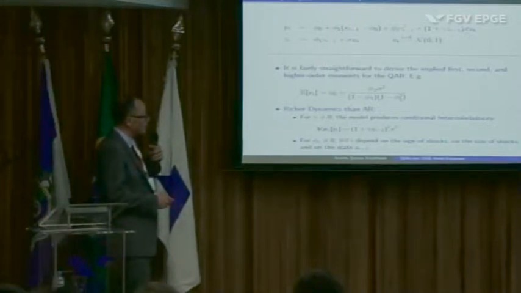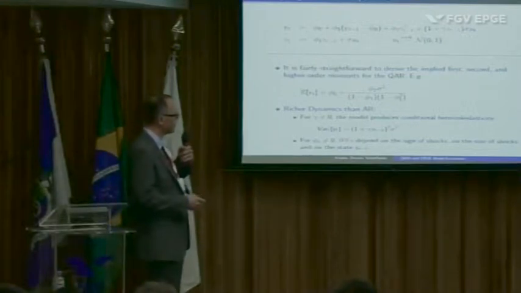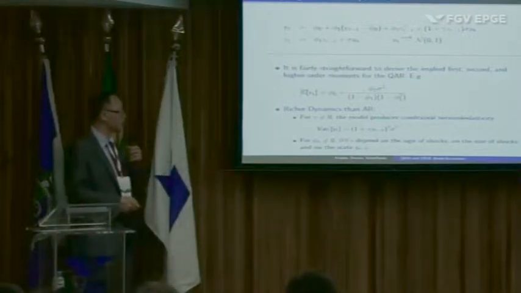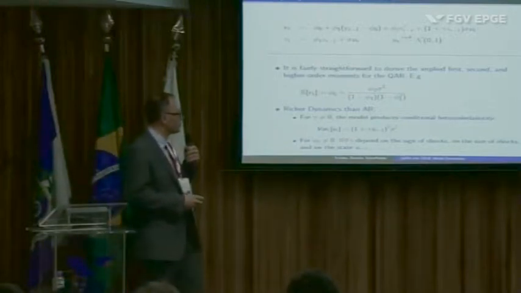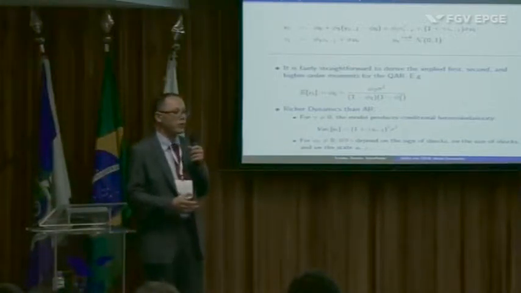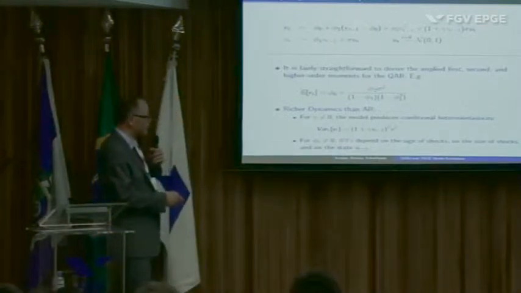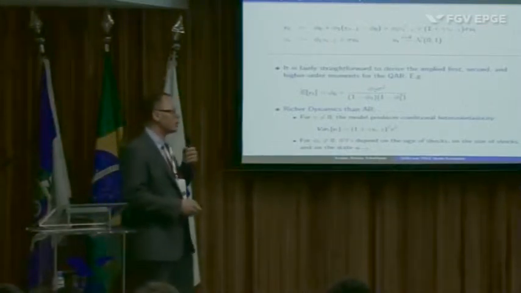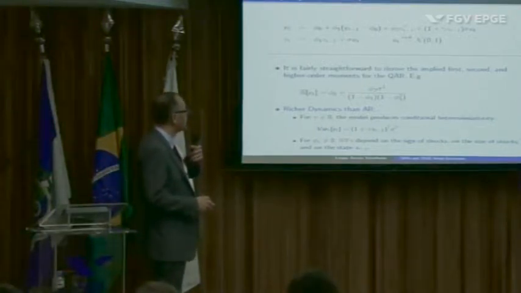So that's nice, but you get richer dynamics than from a regular autoregressive model. So you can have some conditional heteroscedasticity. Impulse responses would depend on the sign of the shocks, on the size of the shocks, and on the initial state s_{t-1}. So all the kind of things that we like from nonlinear models.